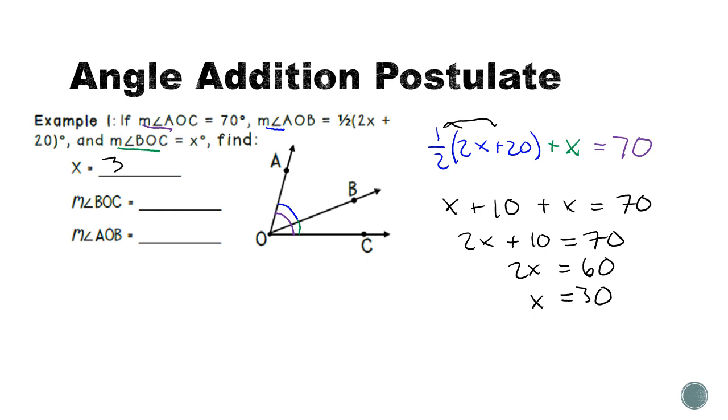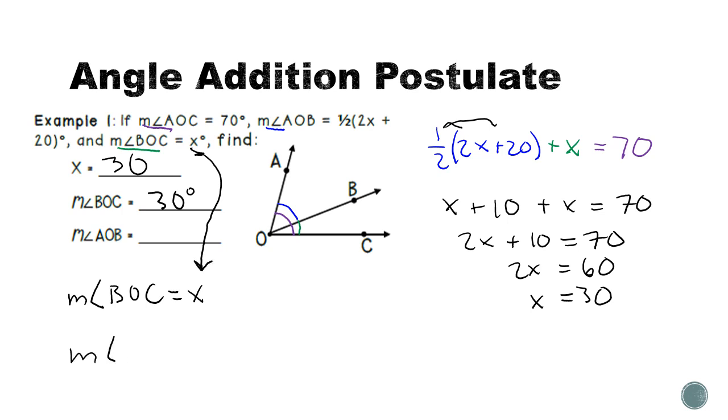I can put our answer there. If x is 30, then the measure of angle BOC equals 30 degrees. I'm just plugging it in for x.